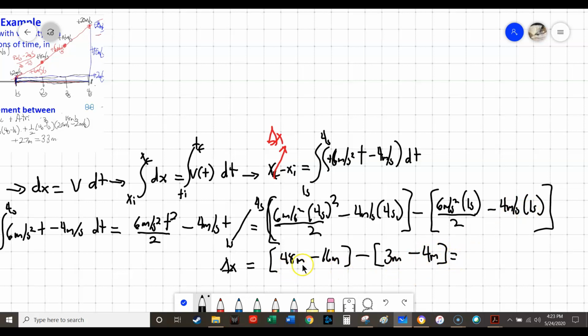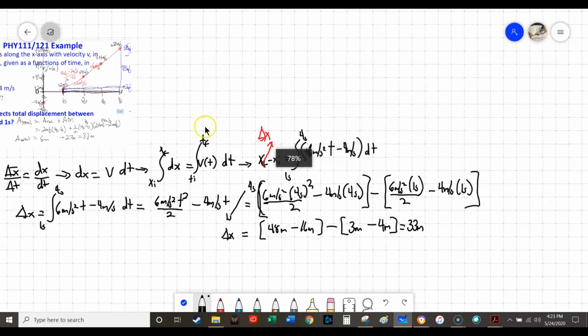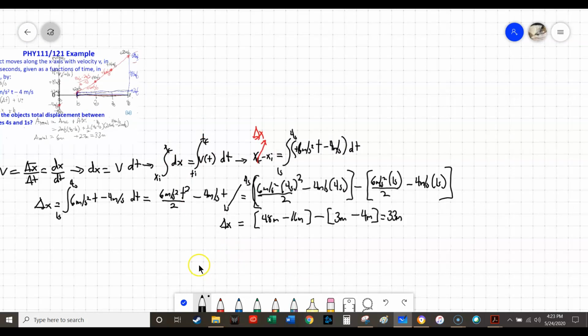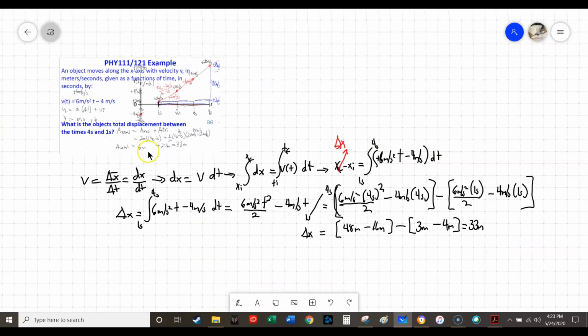So overall, this is going to be 32 minus this, so 32 minus a negative 4, and that is going to work out to be 33 meters. So using the same method, using calculus, we're confirming our area as 33 meters. Okay?